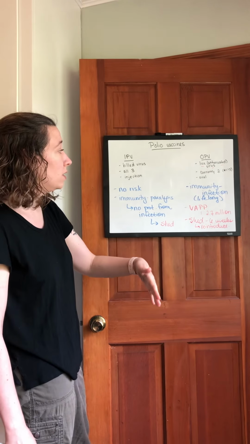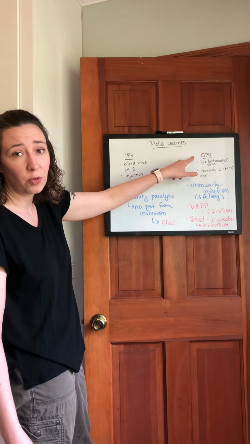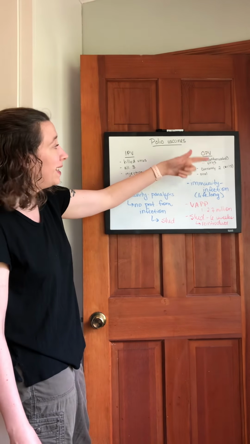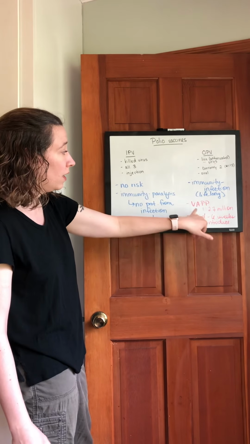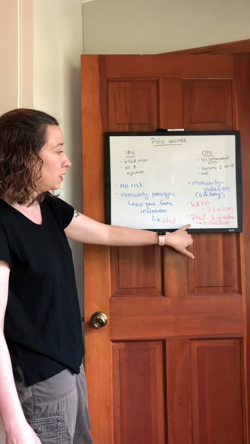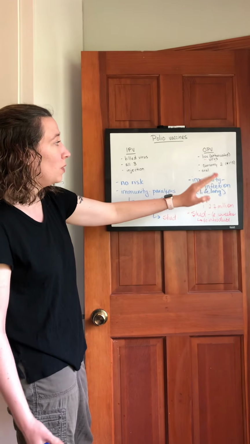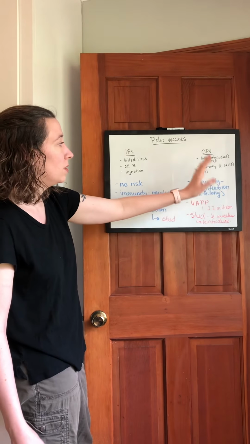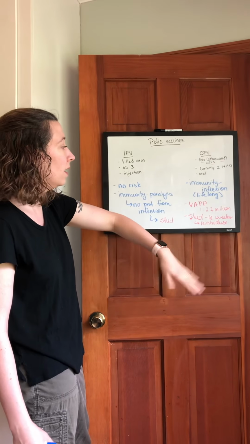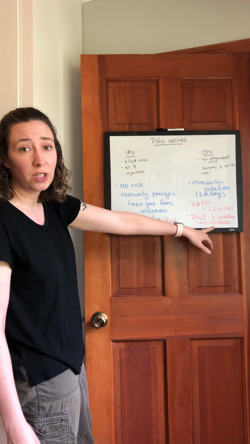The only way to do that is to shut it down by giving people full immunity with the oral polio vaccine. Again, that does carry a risk of paralytic polio, although it's small, but it also carries a risk of reintroduction. So what's been recommended is that as we eradicate the serotypes, so serotype 2 is eradicated, we take it out of the oral polio vaccine, so there's no risk of reintroduction.